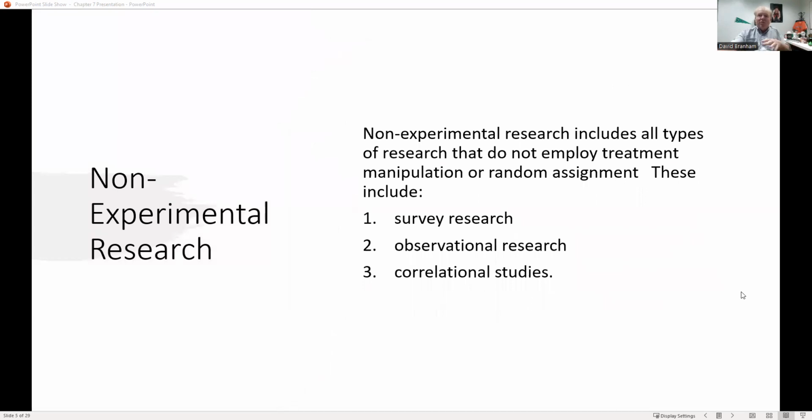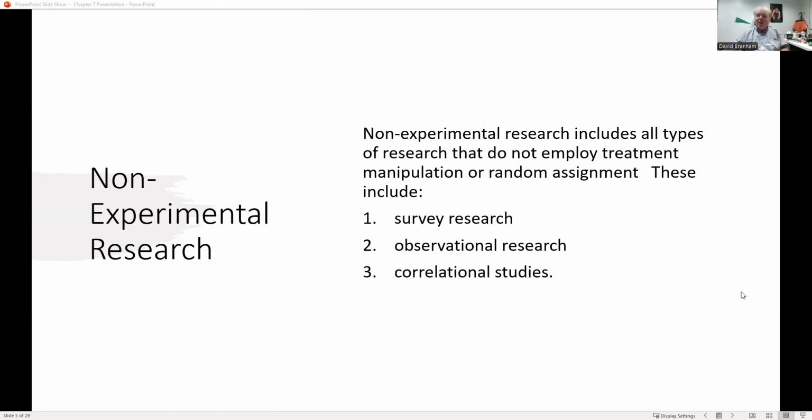Non-experimental research includes all types of research that do not employ treatment manipulation or random assignment. These are like survey research, observational research, and case studies, where people are just watching, looking at the environment and coding things. Then there are correlational studies, where they find associations, and it's impossible to find causality in those associations.